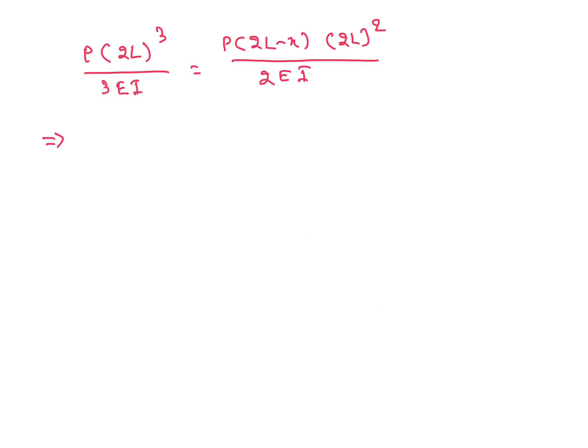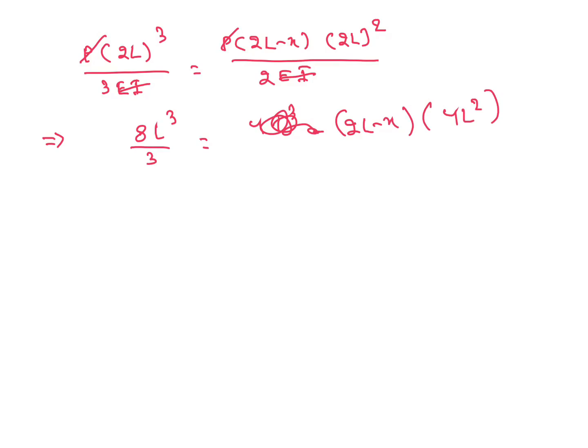It's 8 LQ divided by 3 equal to, it's 4 LQ minus, sorry, this is 2L minus X into 4L square divided by 2, then 8 into 2, 16 LQ, 3 into 8 LQ minus 4X L square.